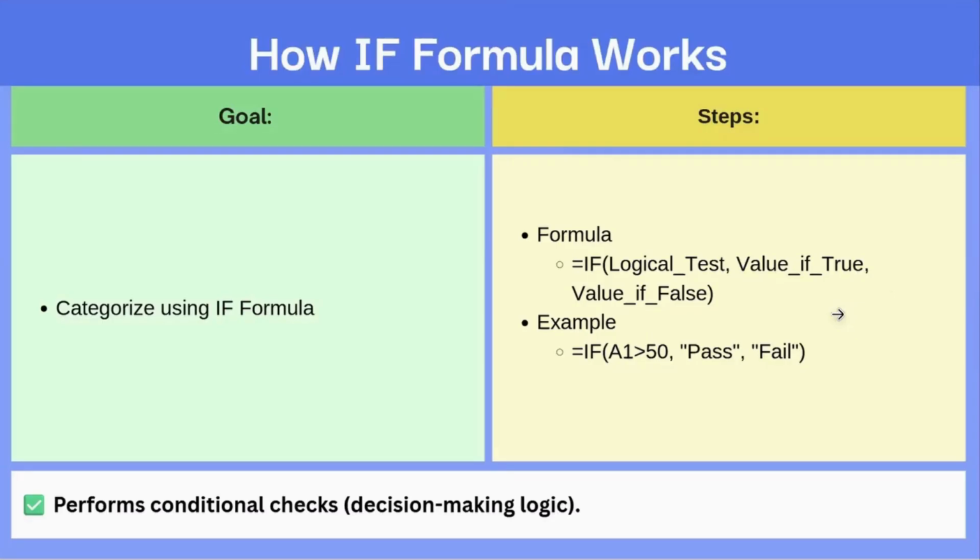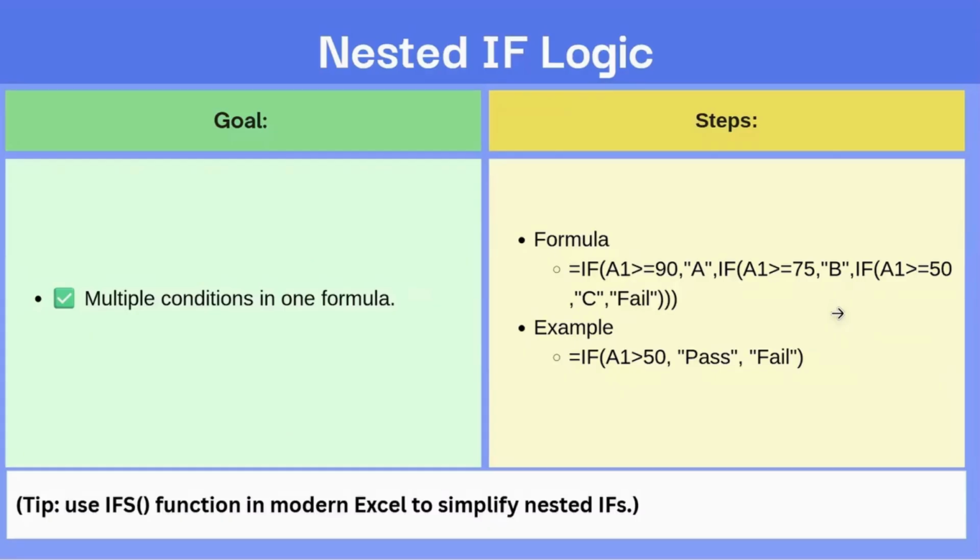Now, IF formulas. IF formulas are basically conditional checks or decision-making logic with logical tests, like here for marks with a certain criterion and output for when the criterion is true and when it is false. Nested IF logic is IFs within IFs.